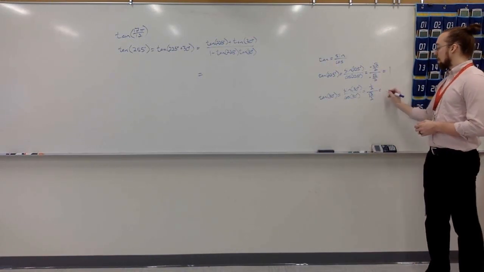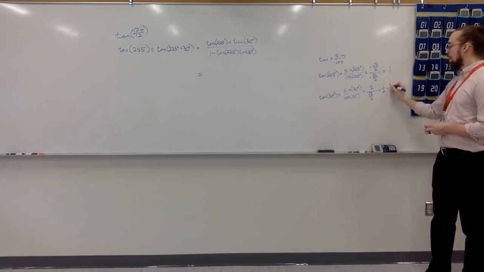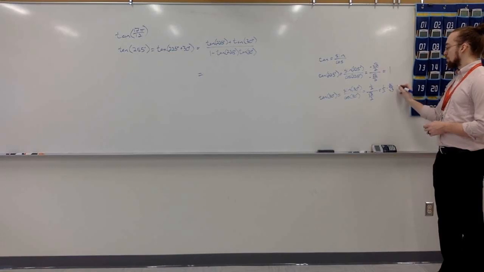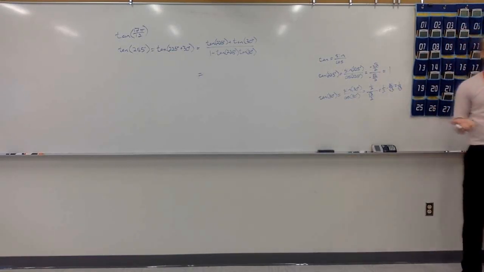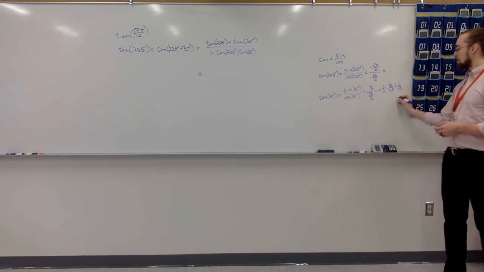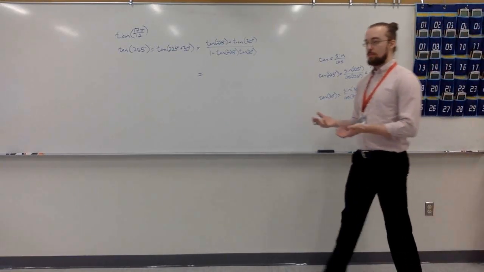Whenever I'm dividing fractions, that's the same as multiplying by the reciprocal. So this would be 1/2 times 2 over the square root of 3. The 2's cancel. We would get 1 over the square root of 3. But we need to rationalize. Multiplying top and bottom by the square root of 3, we get the square root of 3 over 3.